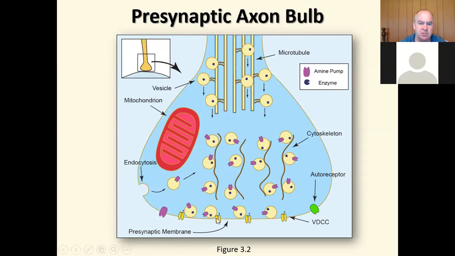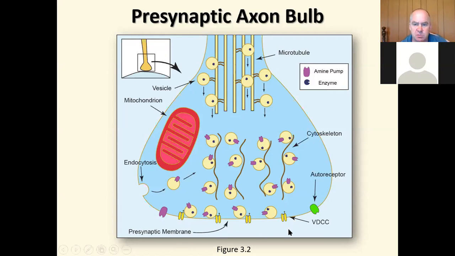When it hits this presynaptic membrane, the voltage change from the depolarization of the action potential opens these voltage-dependent calcium channels. Calcium comes in through these channels, and that activates some proteins that fuse the vesicle to the membrane, and then it becomes part of the membrane. As it fuses to the membrane, you get exocytosis, and that neurotransmitter is released.